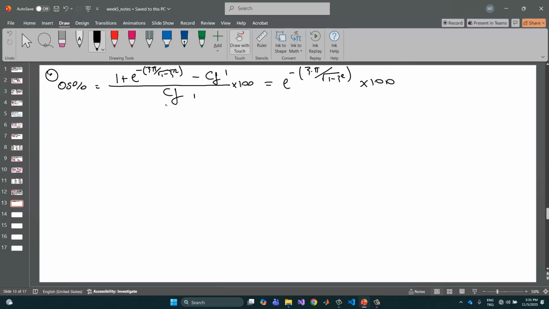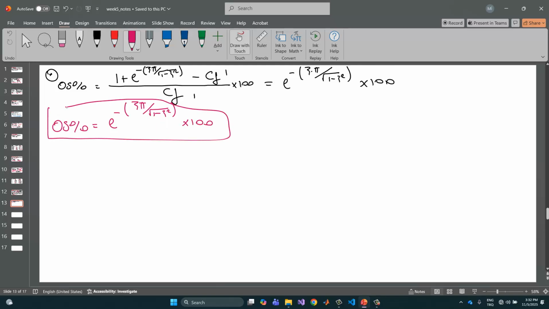And so the percentage of overshoot can be calculated with this formula: e to the power of minus zeta pi divided by square root of 1 minus zeta squared, times 100. This is our general formula for the underdamped second order system. What about the zeta?